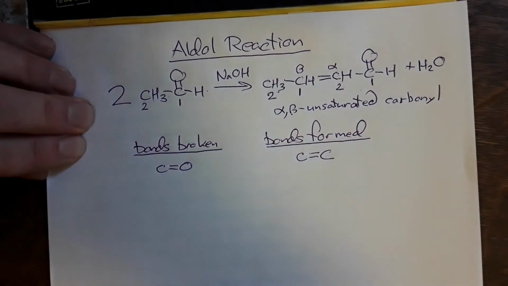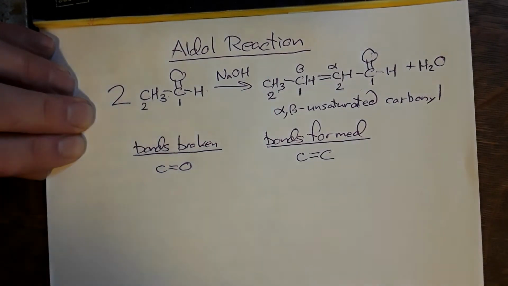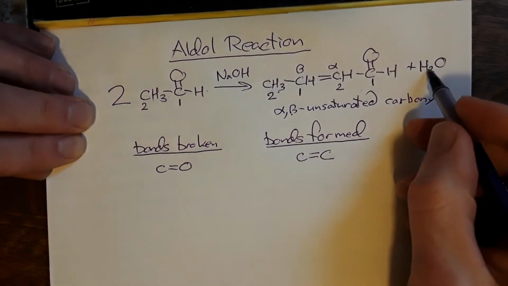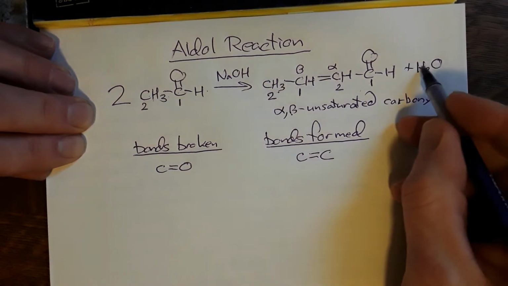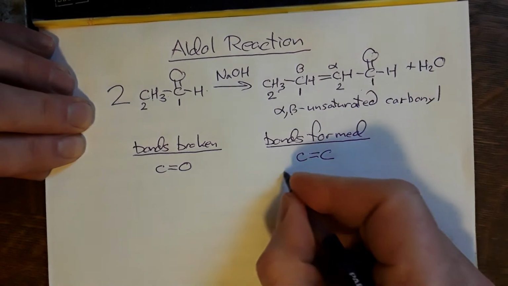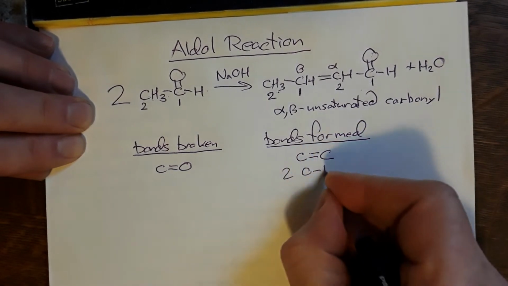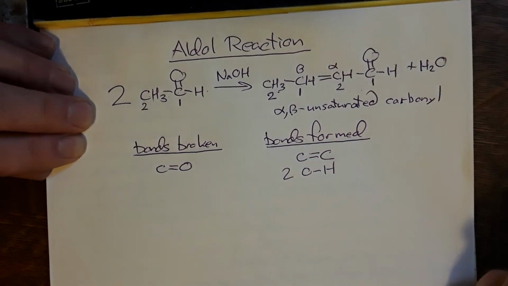We have formed 2 OH bonds that we didn't have there before in forming water. So we're forming 2 OH bonds. And what are we breaking here? What do we not have in the product that we had in the reactant?